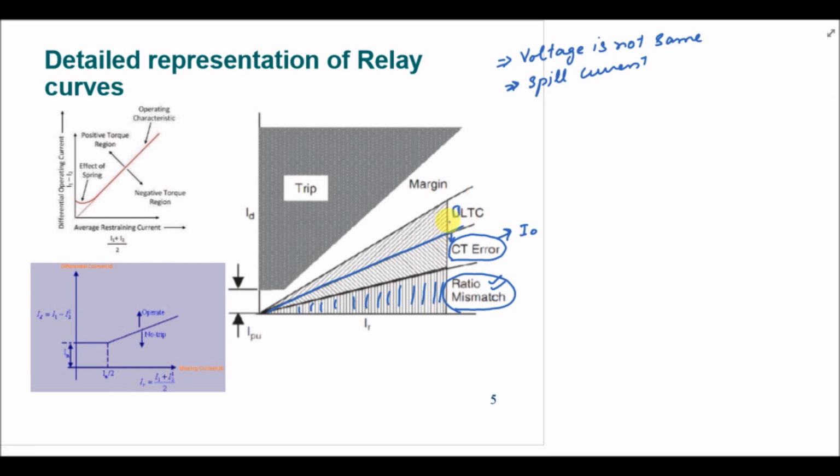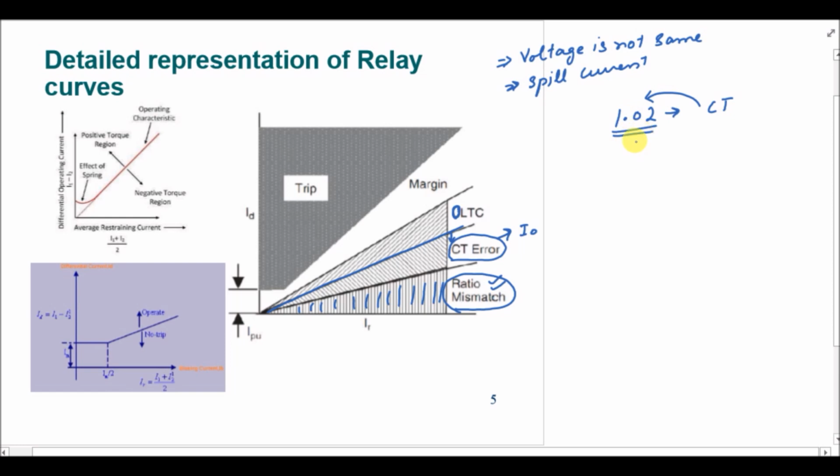So in case of OLTC, the value of current for which the CT is actually set will be different. For example, the tap is at 1.02 and we have set the value of the CT with respect to this voltage, so there is a specific current that will be flowing at this voltage value.